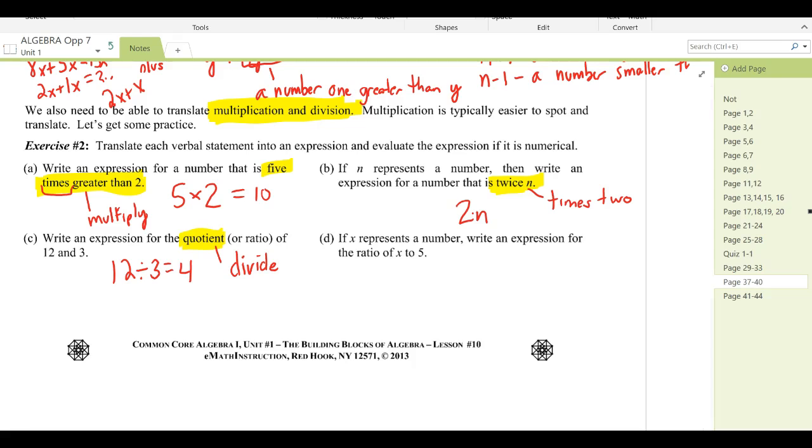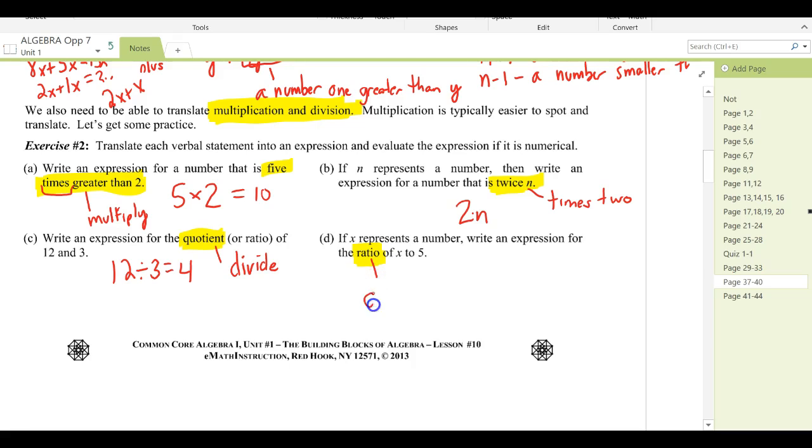Last one. Can I read? Jensei, you want to read it? Please talk up. If X represents a number, write an expression for the ratio of X to 5.